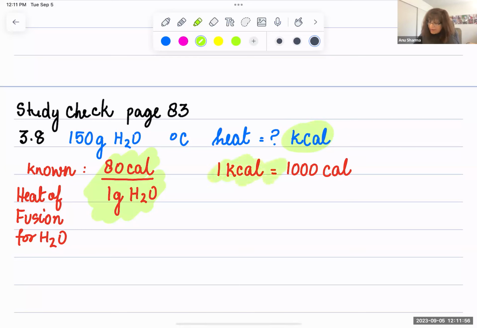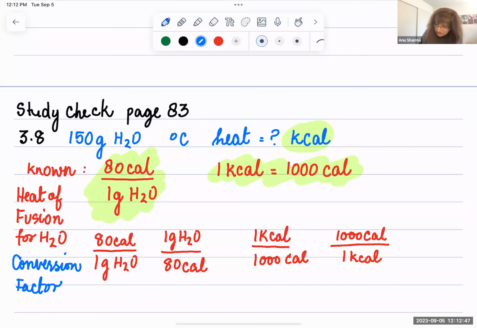The other is 1 kcal over 1000 calories, or 1000 calories over 1 kilocalorie. These are the conversion factors from the known equalities.